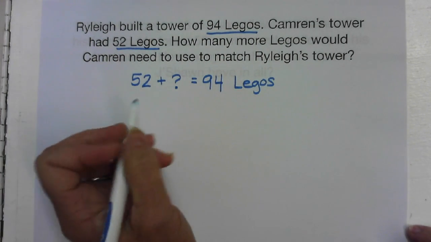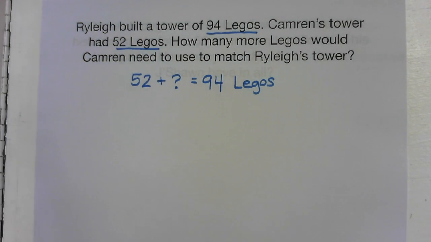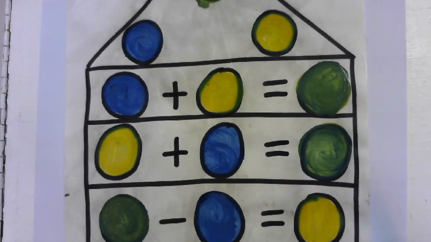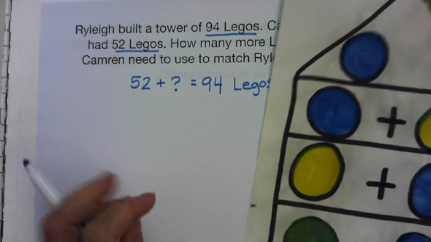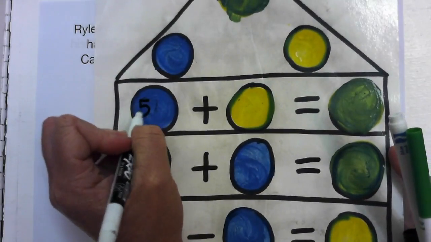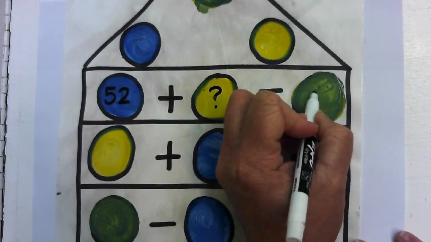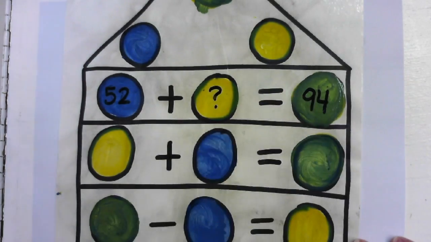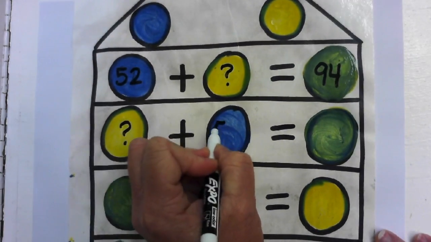Now, we can see that this is an addition equation, but we don't like to solve equations that have question marks in the middle. No way. So we're going to fill in our fact family. 52 plus question mark equals 94. And if you are not familiar with this colorful fact family, please check out the video that goes into great detail on that.